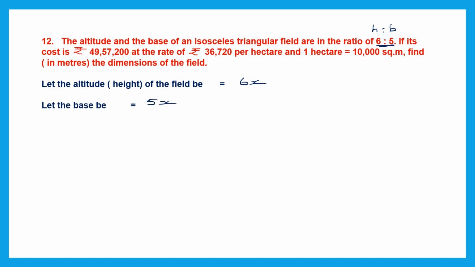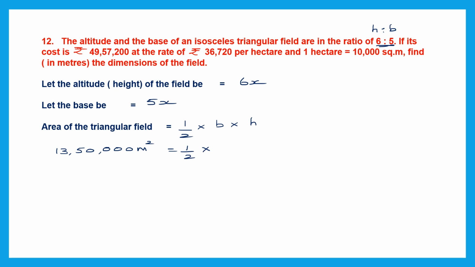Now we can use the formula to find the area of the triangle, that is half into base into height. And area we already found out is 13,50,000 meter square. Here we have half into base, and base we said let it be 5x and height let it be 6x. So this is actually 6x meters and 5x meters.